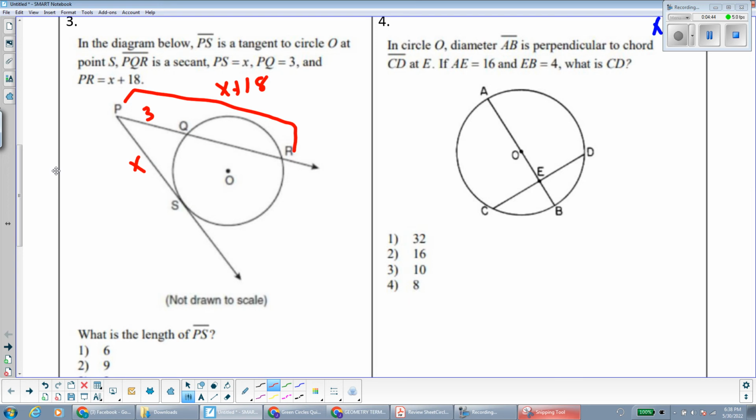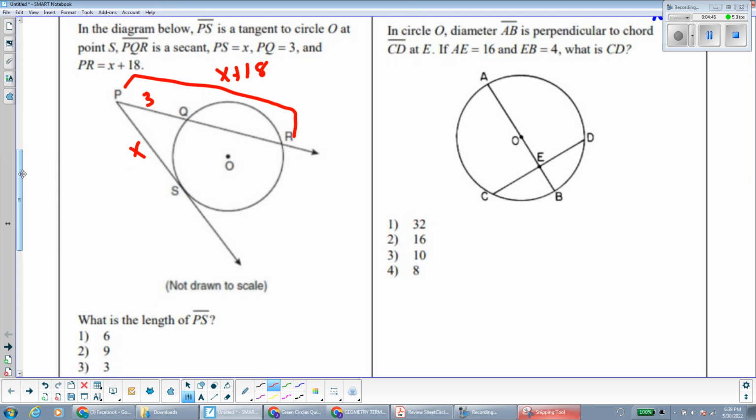Now, remember, whenever we are talking about segment lengths and we're dealing with segments that are partially or wholly outside of the circle, we use our rule that we learned about in class: whole times outside equals whole times outside.